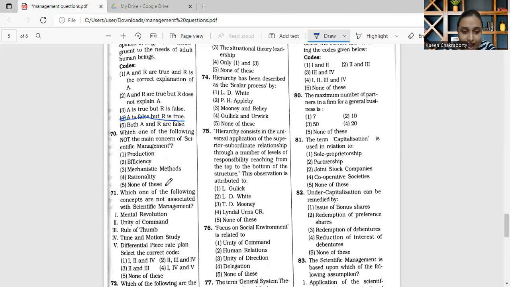So therefore, we have the correct option as number 3, which is mechanistic methods.